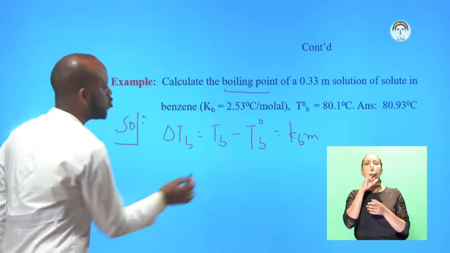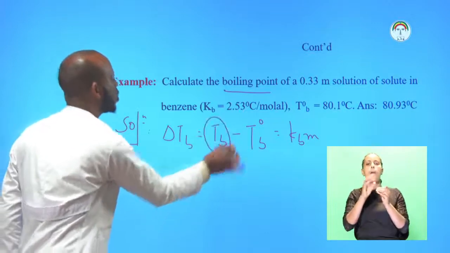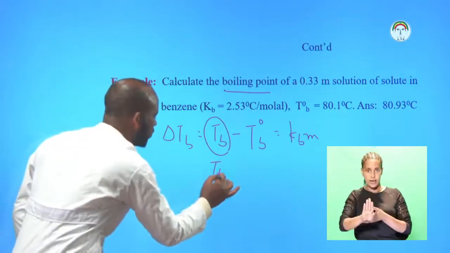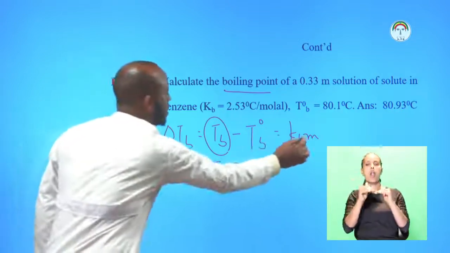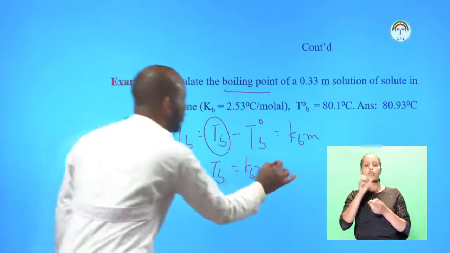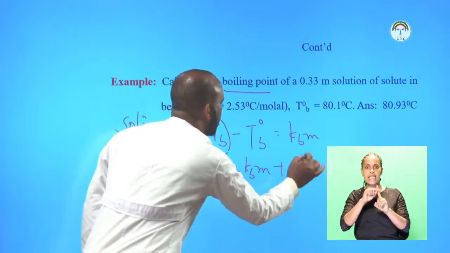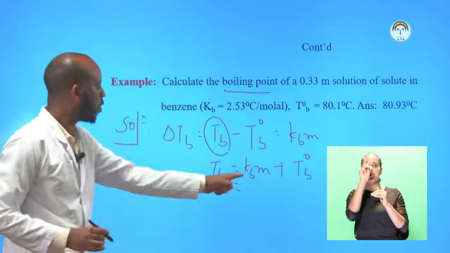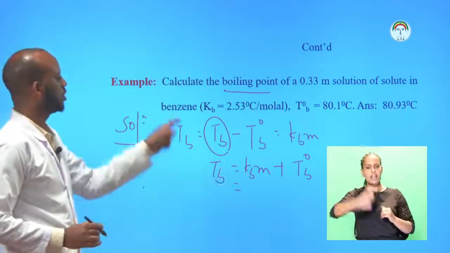You are asked to calculate the boiling point of the solution. Tb equals Kb times molality of the solution plus the boiling point of the pure solvent.